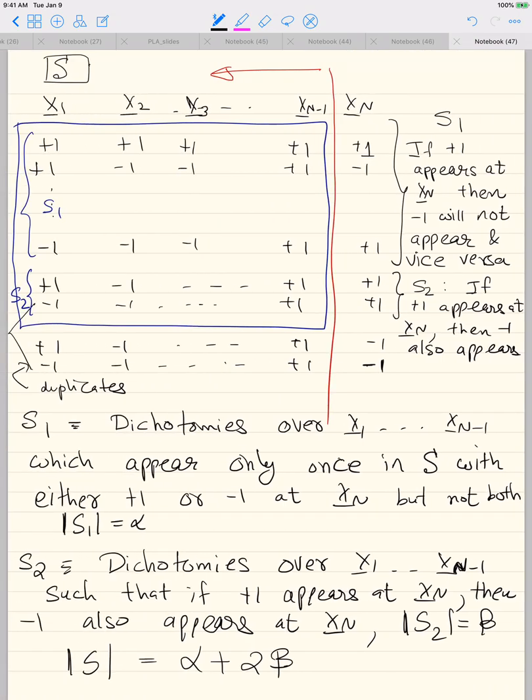Now the claim is that if you look at this collection of vectors and you look at any k coordinates here, they cannot be shattered. If you look at any k coordinates in this set of vectors, you cannot have all 2 to the k combinations. Can anyone see why?